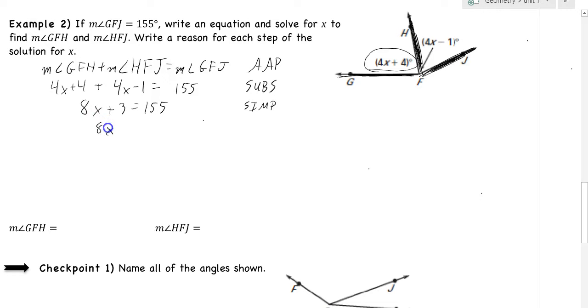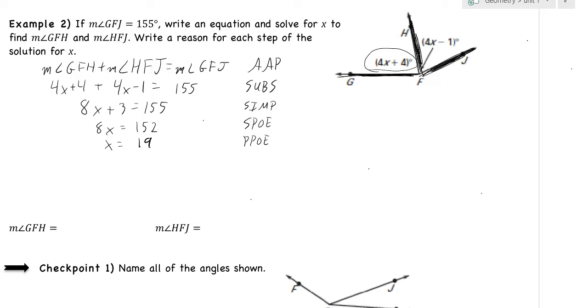Subtraction property of equality. 152. And division property of equality, dividing both sides by 8. 8 goes into 15 once, leaving me with a 7. Put the 2 next to it. 8 goes into 72 9 times. We have x equals 19.